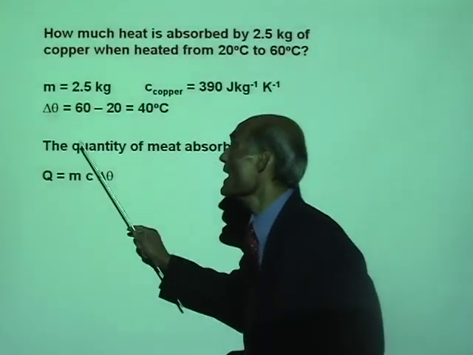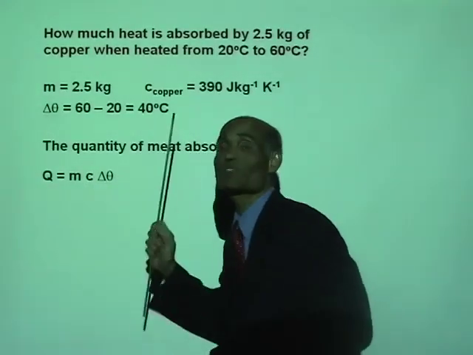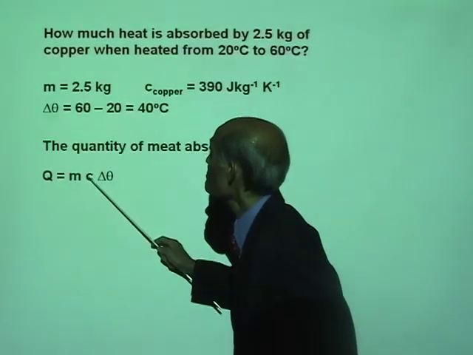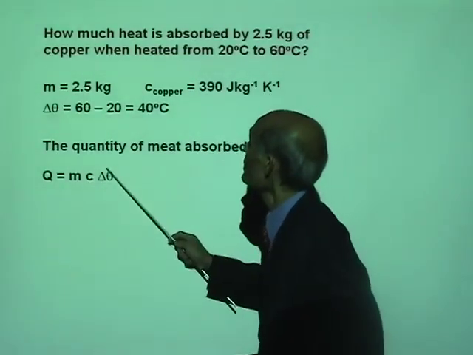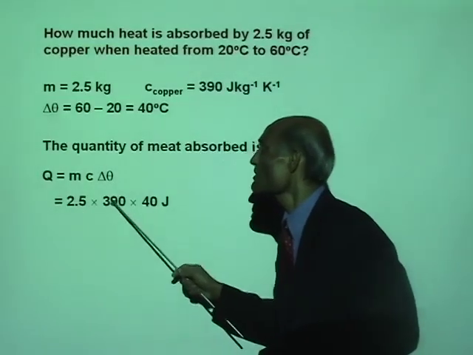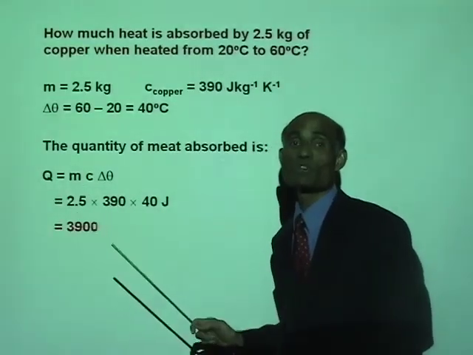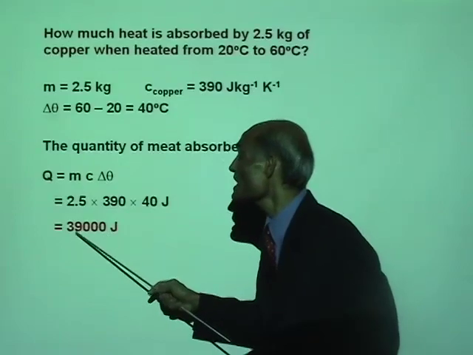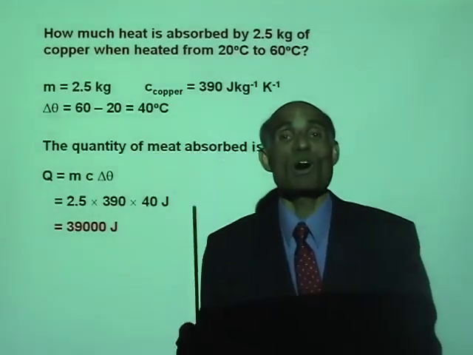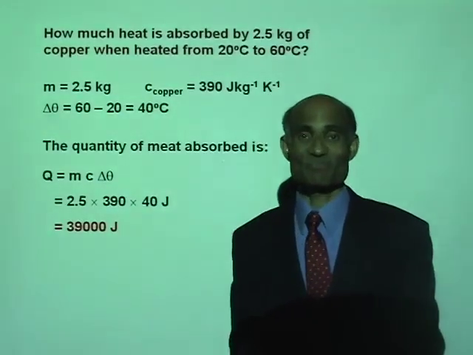Q equal to mc delta theta. Mass we know, specific heat we know, the change in temperature we know. So using those values we get Q equal to 39,000 joules of heat absorbed in that process. Okay?